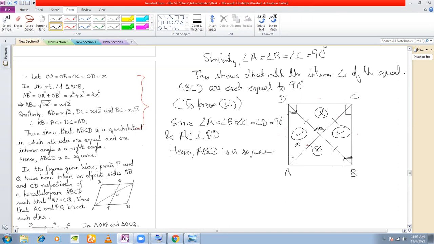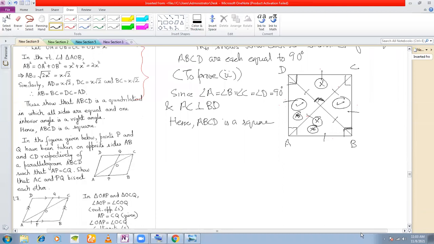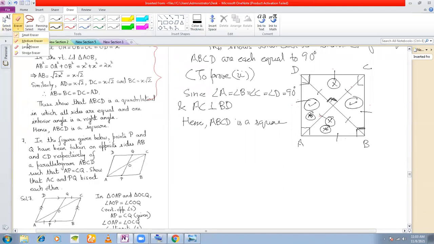Also, this triangle and this triangle are congruent. Which means that all the four triangles are congruent. And if all the four triangles are congruent, then all the four sides must be equal. That's it. Clear? Or any question? Can we move on to the next problem then?